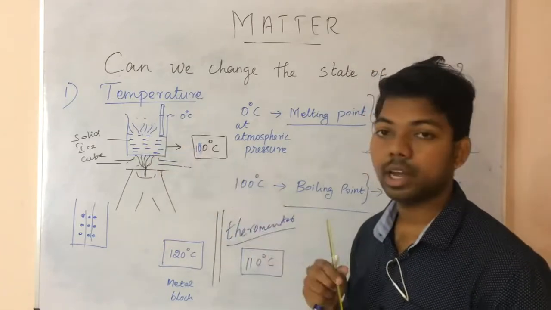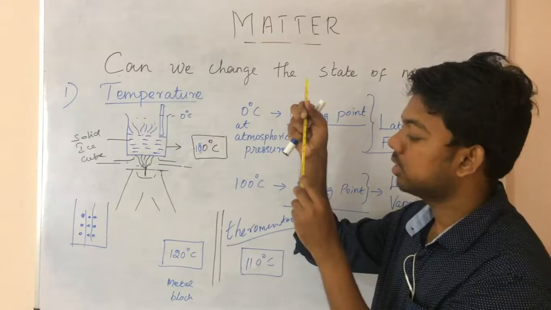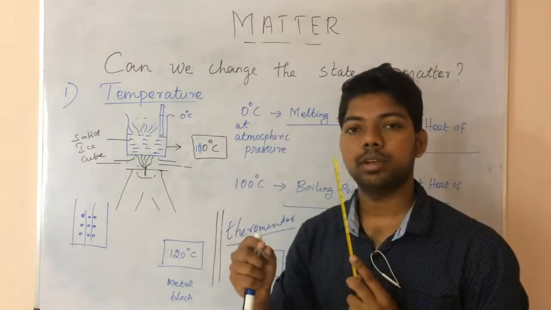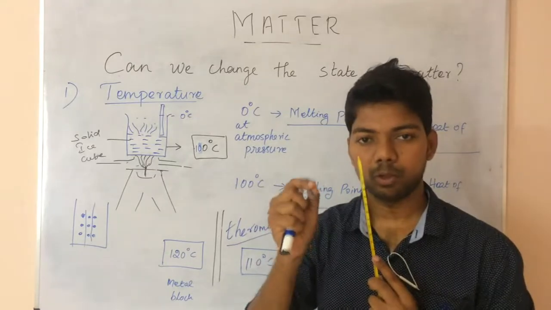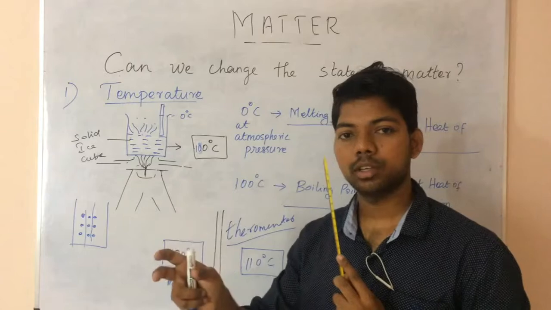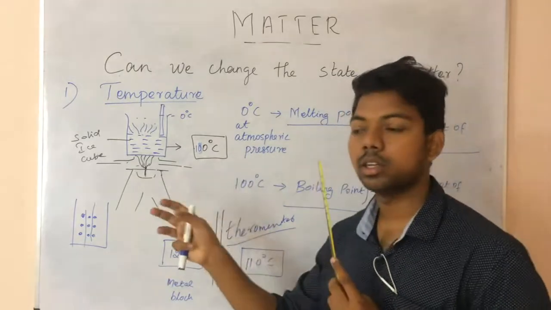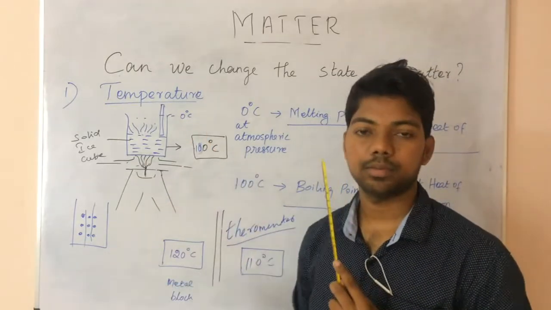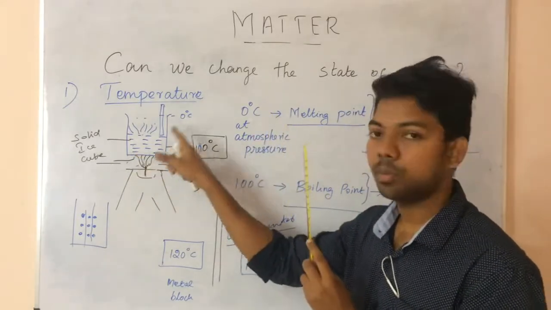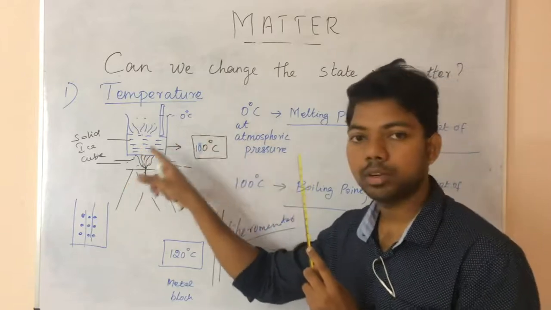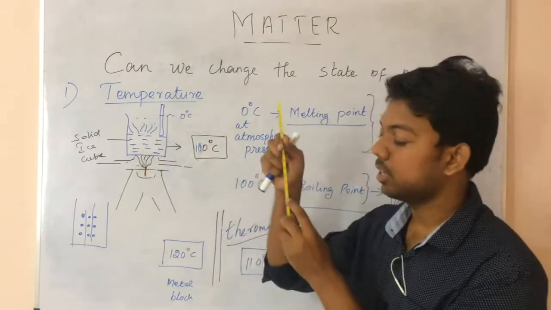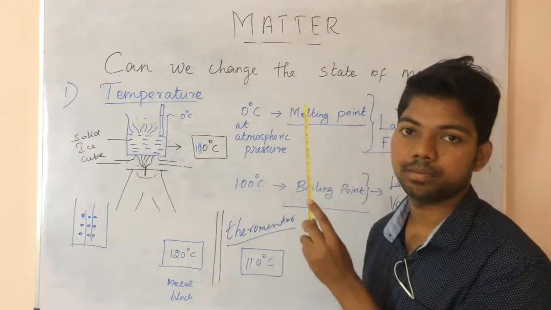This point I am considering as 0 degrees Celsius because for any measurement we need a reference point to start with. Otherwise we can't measure, because a measurement means comparing one unit with another. Here I am taking the melting point of the common fluid, water, as 0 degrees Celsius.